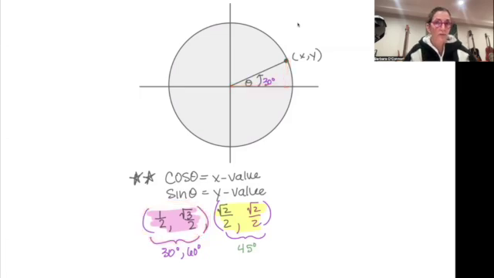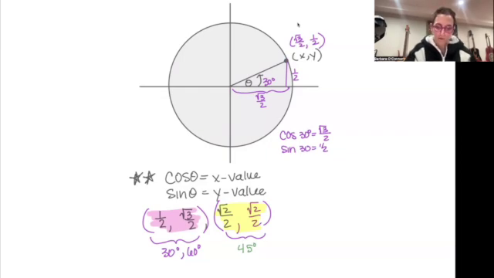And since the square root of 3 over 2 is bigger than 1/2, and I'm going over longer than I'm going up, that means that this x value is the square root of 3 over 2, and the y value is 1/2. So the coordinate pair is the square root of 3 over 2, comma, 1/2. And since the cosine is x, the cosine of 30 degrees is the x coordinate, root 3 over 2, and the sine of 30 is the y coordinate, or 1/2.